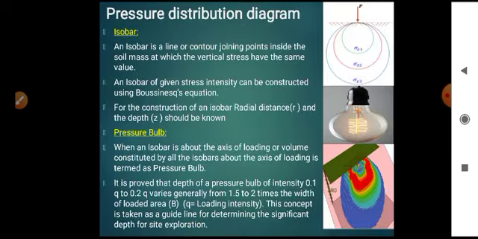We have now expressed the entire equation in terms of r as well as z. Now further, we will again consider the same equation: sigma z is equal to 3q divided by 2 pi into z cube divided by r square plus z square to the power of 5 by 2.